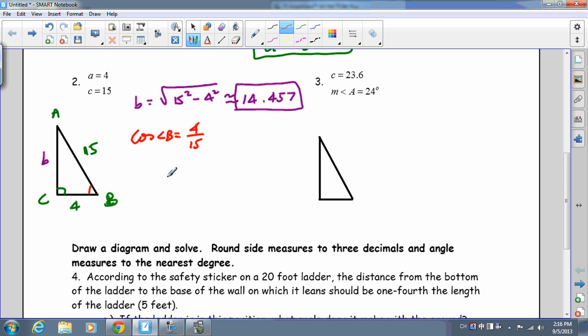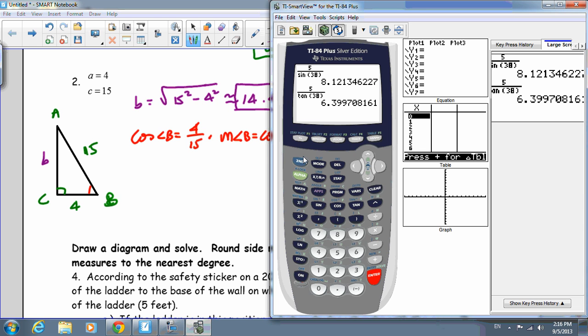Now, based on your previous notes, if you're looking for an angle, you must apply what we call the inverse trig function. So the measure of angle B is equal to the cosine inverse of 4/15. Using your calculator, you will get the value. Why don't we do it?